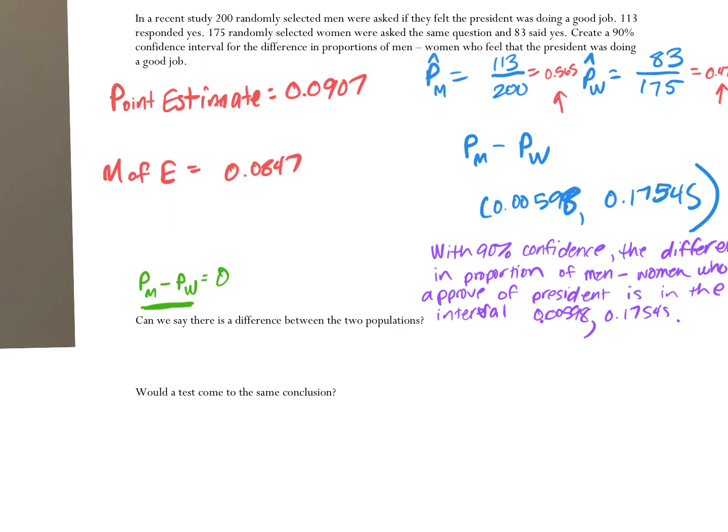Is everybody okay? So 0 has to be in an interval to say that there's a difference? No. If 0 is in the interval, it's possible that there is no difference. So if 0 is not in the interval, there is a difference. I wrote that on my paper, but maybe I just said it wrong. We're saying yes because 0 is not in the interval. Just change that.